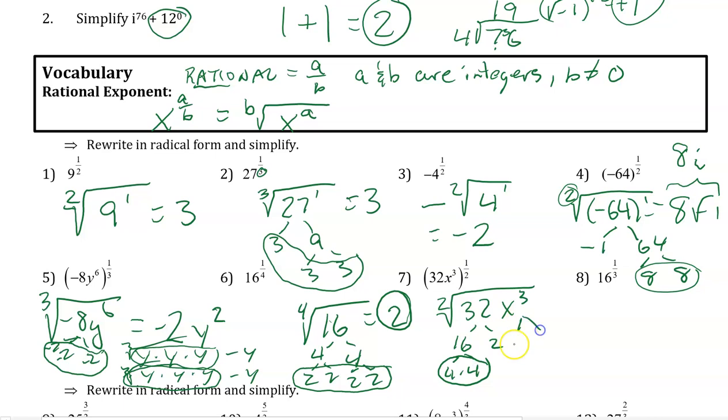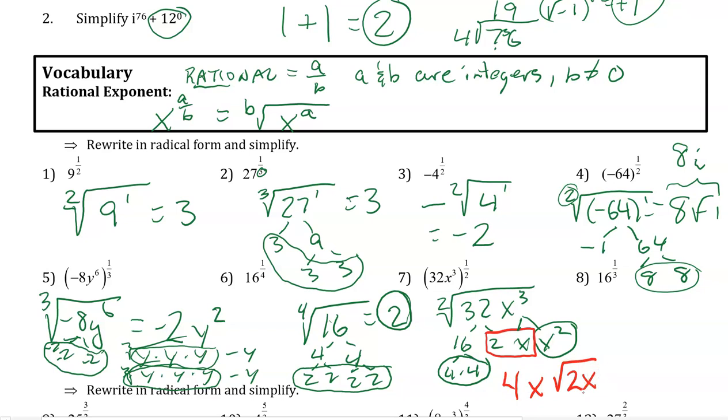X cubed is x times x squared. X squared is also a perfect square. So we could take a 4 and an x out. But we still have a 2x inside. No problem. We write that as 4x times the square root of 2x.